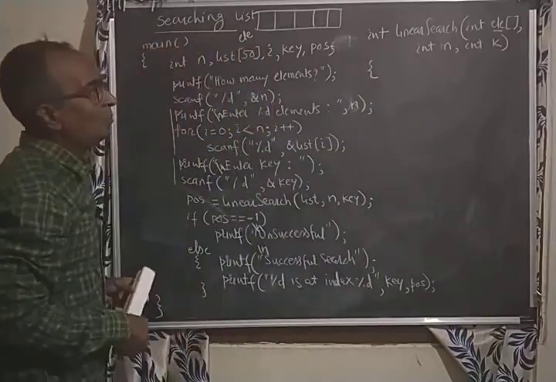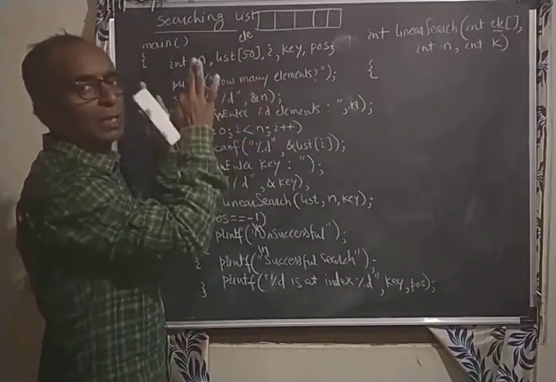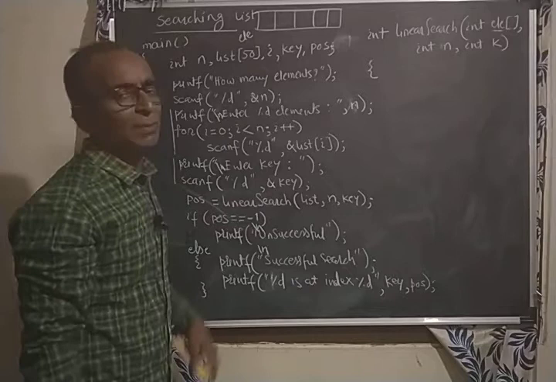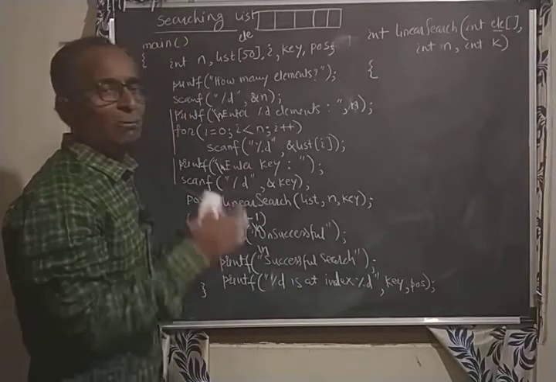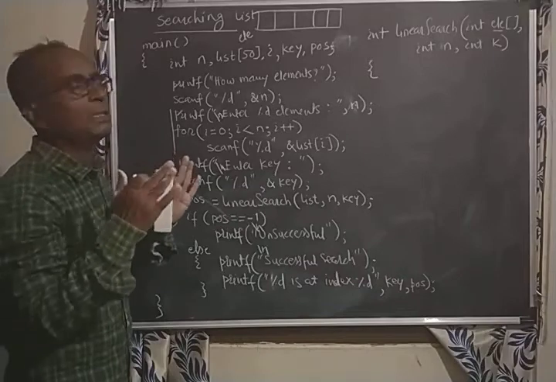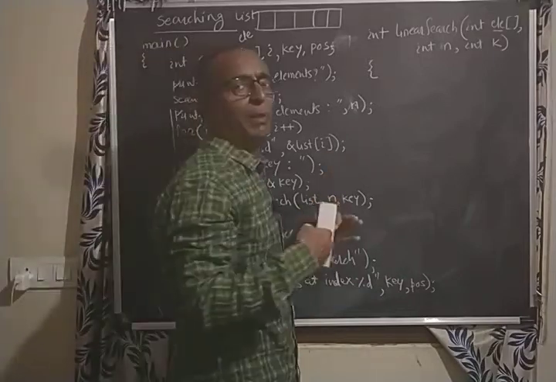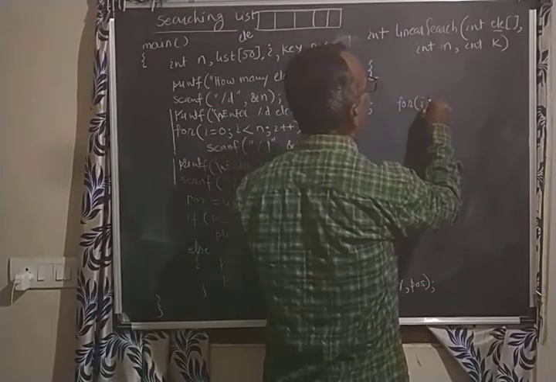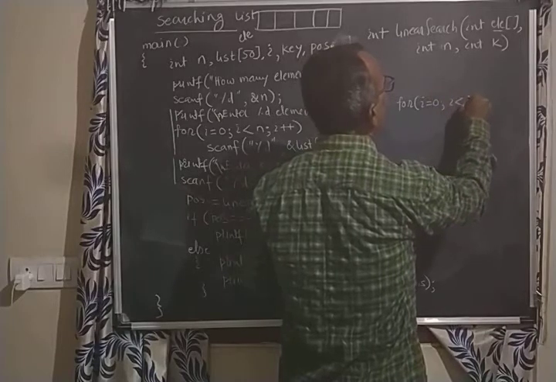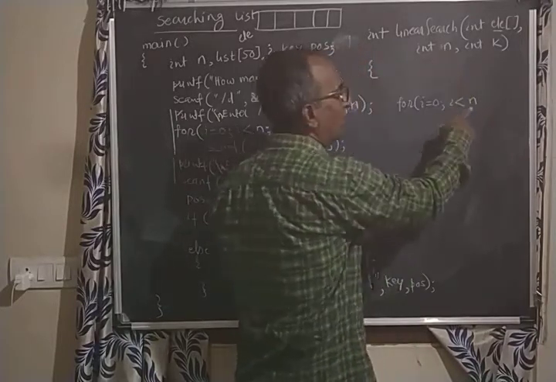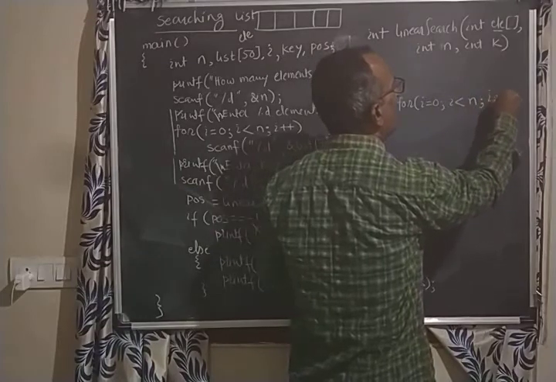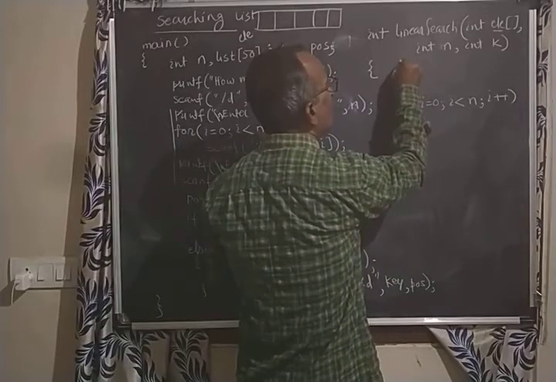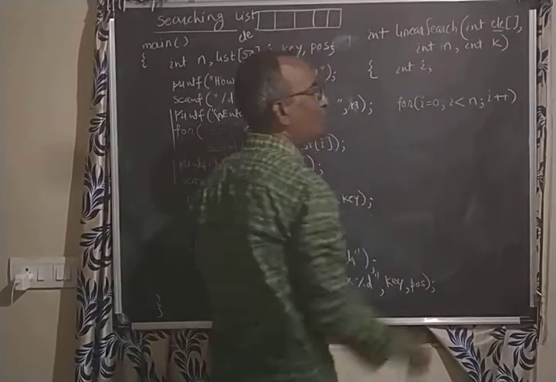Now what we have to do, we have created the signature of this linear search. What are the steps we have seen in the algorithm? We have to compare the key element with each of these elements, right? Means I have to repeat this process n times. So for i = 0, i less than n, where n is the number of elements, I have to iterate over all the elements, i plus plus. i has not been declared here, so I'll declare integer i.